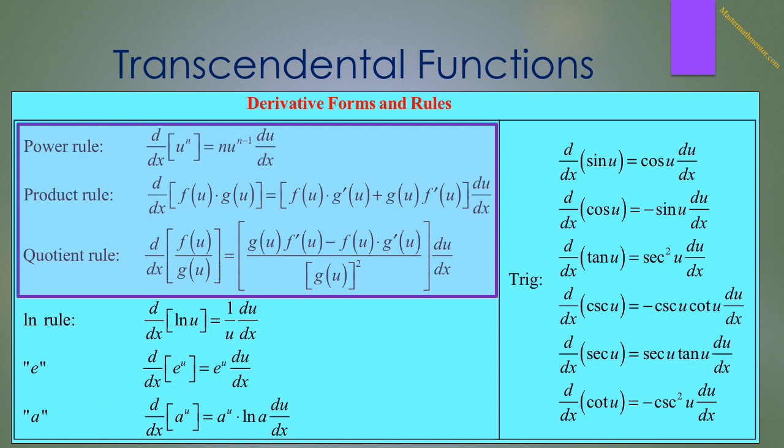And finally, the quotient rule states that the derivative with respect to x of f of u over g of u is a fraction where the denominator is g of u quantity squared, and the numerator is g of u f prime of u minus f of u g prime of u multiplied by du dx. One note about the quotient rule.